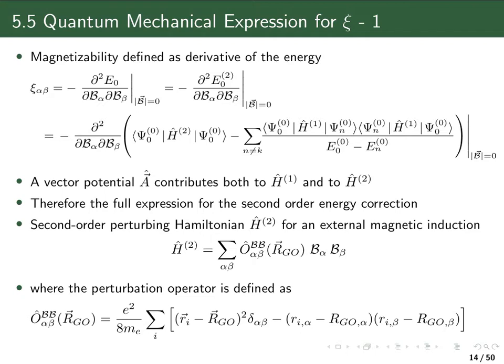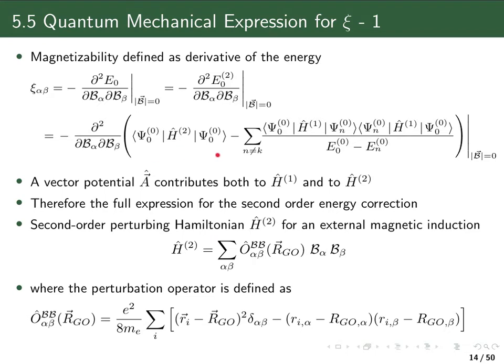And the expression which we had obtained for the second order energy correction in the case of magnetic perturbation, meaning in the case of a Hamiltonian which not only included a term linear in the vector potential, and therefore linear in magnetic fields, but also a term which depends on the square of the vector potential and therefore quadratically on the external magnetic field.